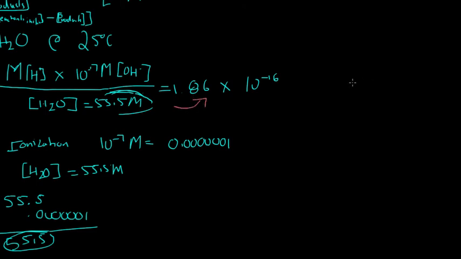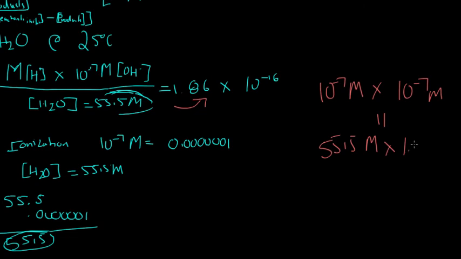What we end up getting is 10 to the negative 7 molar times 10 to the negative 7 molar equals 55.5 molar times 1.86 times 10 to the negative 16, which all really just equals 10 to the negative 14.